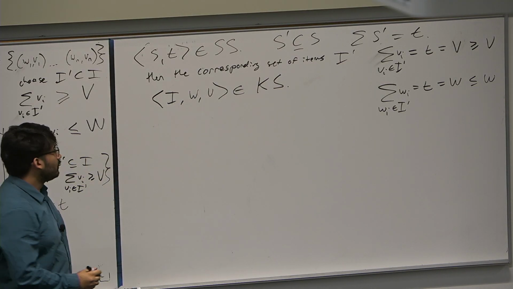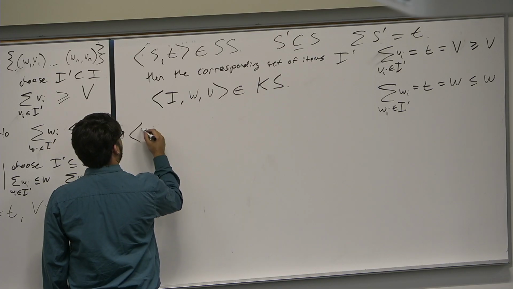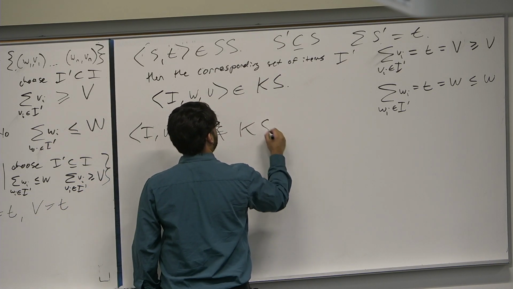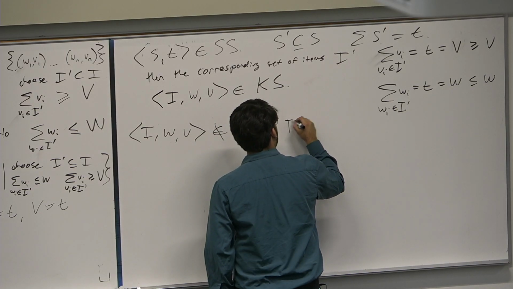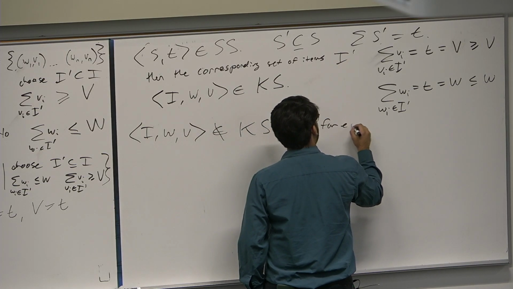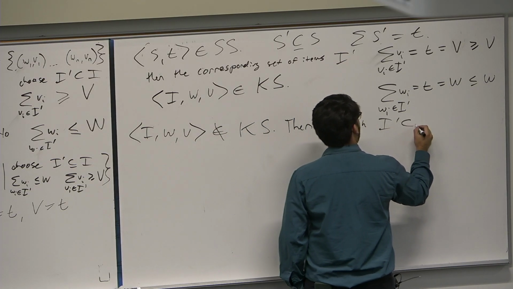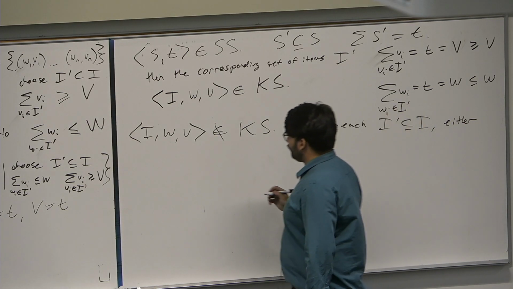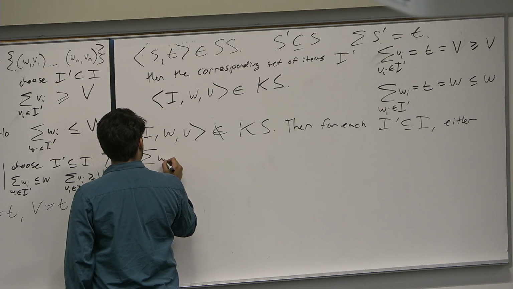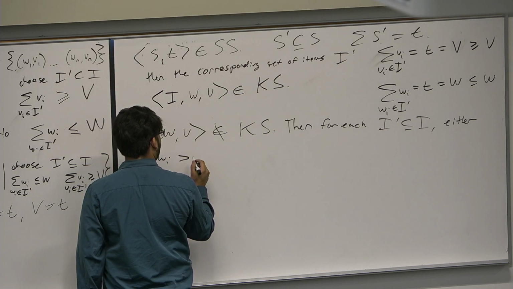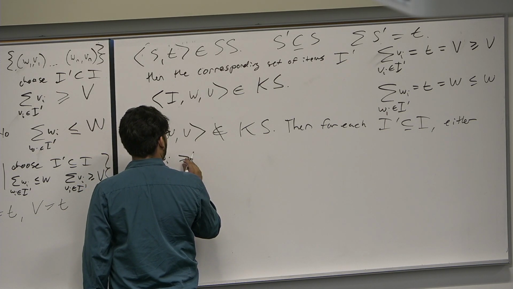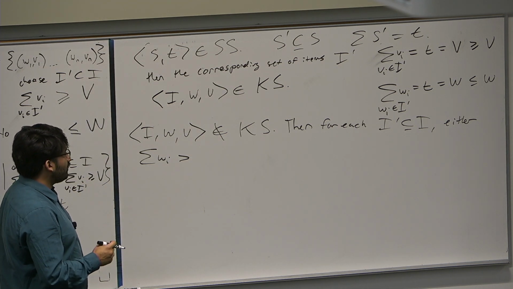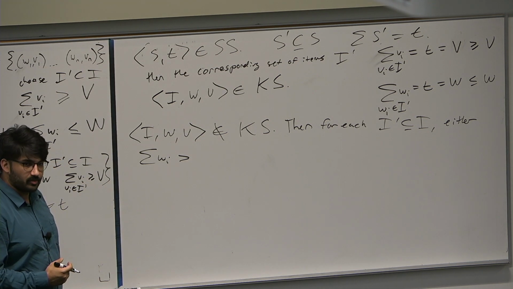Let's do the other way. Suppose I, W, V is not an element of knapsack. Then for each subset I of the items, if it is not a solution in knapsack, then one of the constraints must be violated.